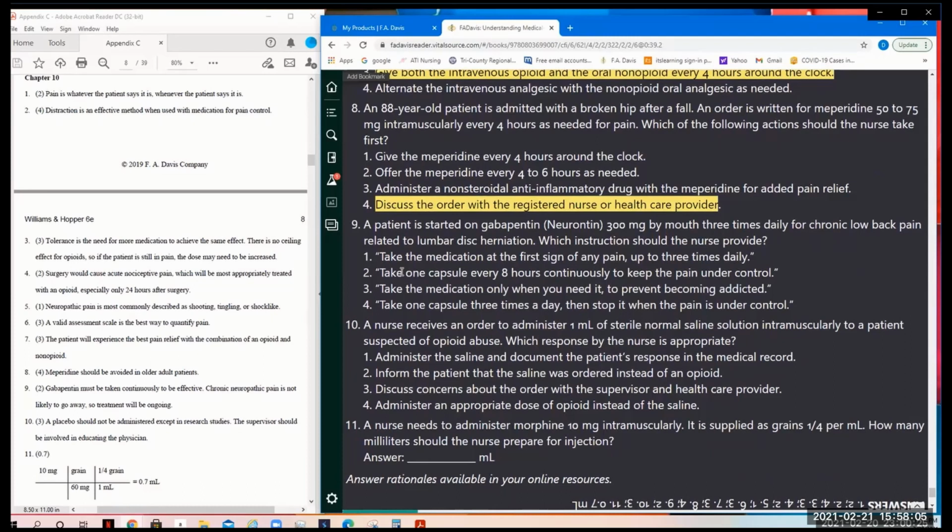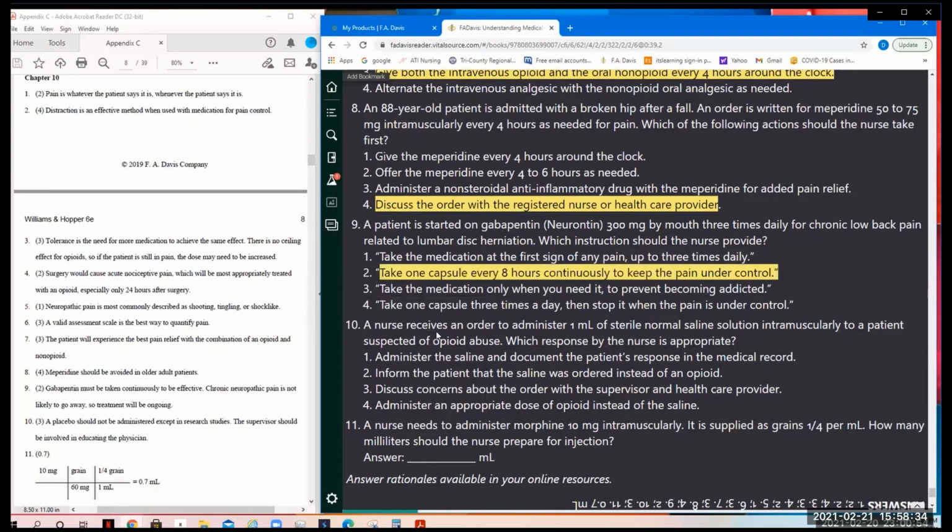And the answer is 2. Gabapentin must be taken continuously to be effective. Chronic neuropathic pain is not likely to go away, so treatment will be ongoing.